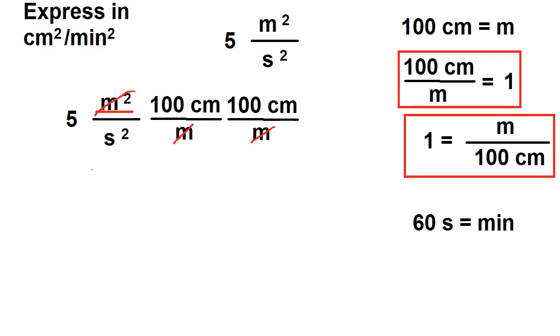Now, you can put this together, and what you'll notice here is the number 5 will be left unchanged, and what we'll have here is 100 times 100, so 100 squared, and centimeters by centimeters. So we will have centimeters squared in the numerator, and seconds squared will be left in the denominator.